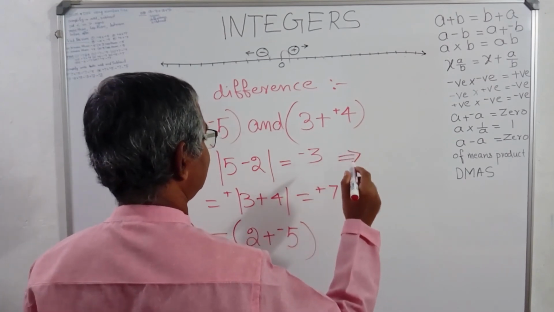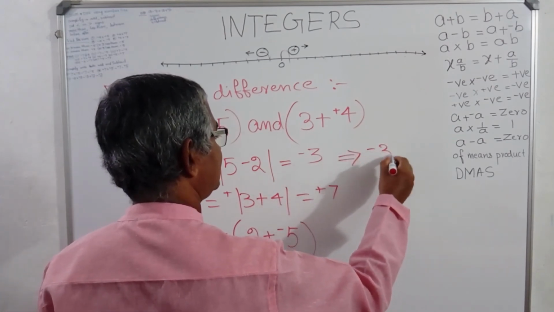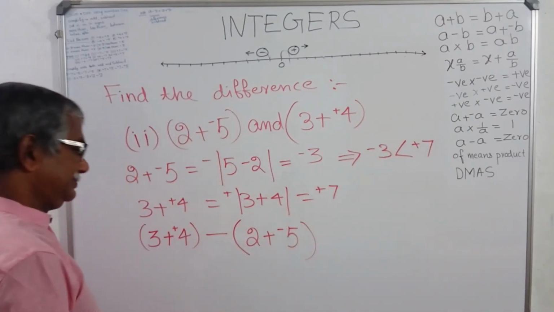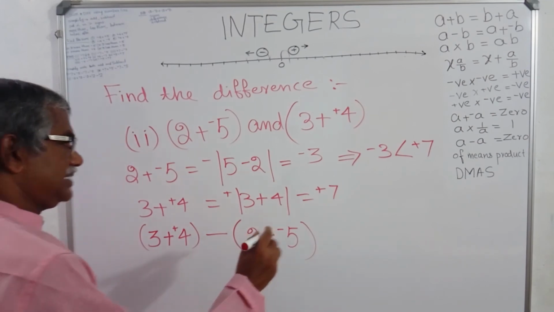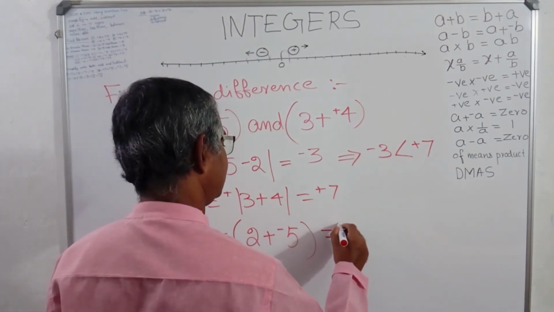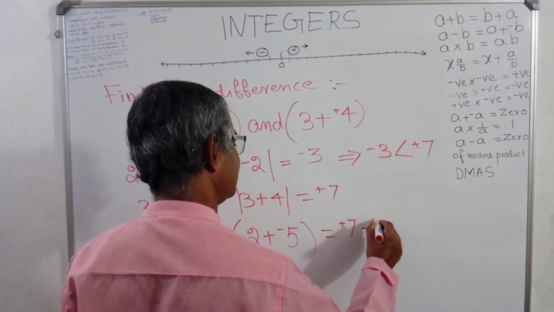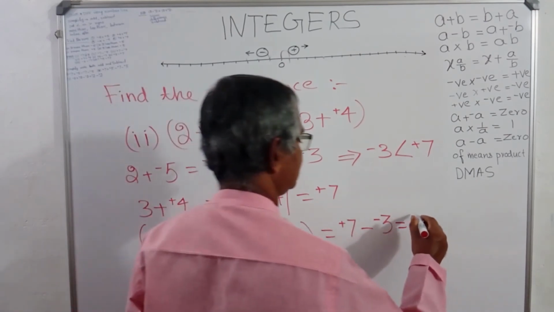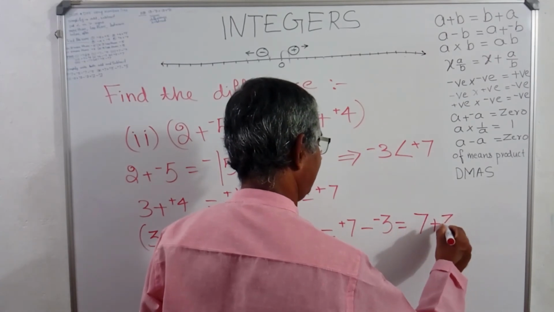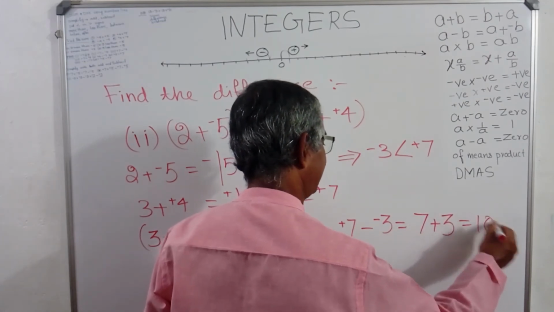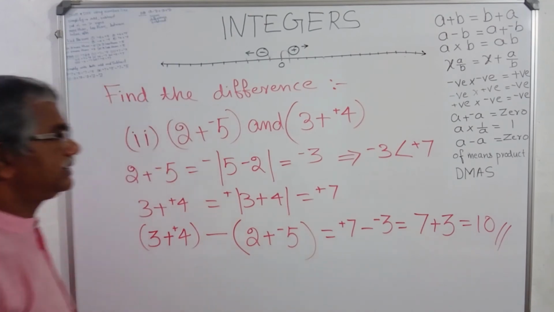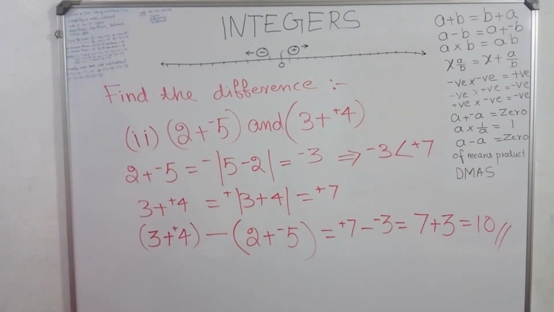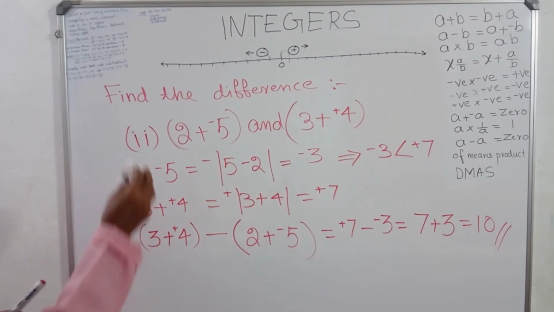From here we got -3 smaller, +7 larger. Therefore, the answer will be +7 minus -3 is equal to 7 plus 3 is equal to 10. Either using the number line or simple arithmetic, you can simplify it.